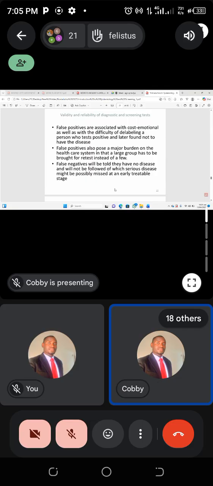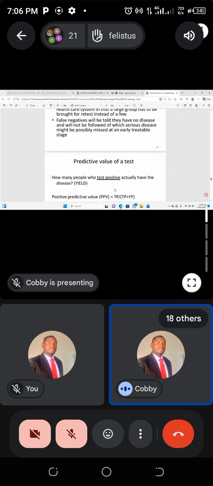Then false negatives will be told they have no disease and will not be followed up, so a serious disease might be missed at an early stage. Just like the other colleague was saying, we are going to miss the stage at which we can treat this disease effectively. So both have problems; there are consequences for both.